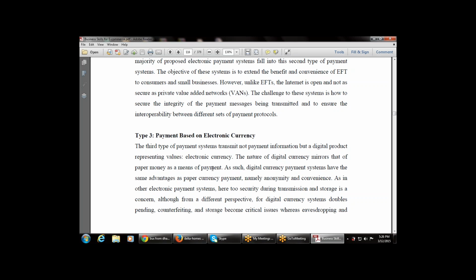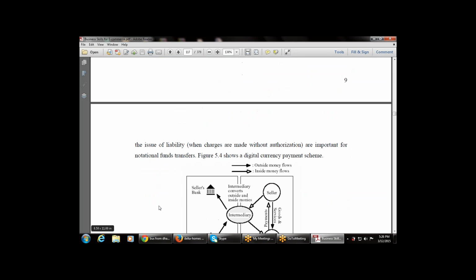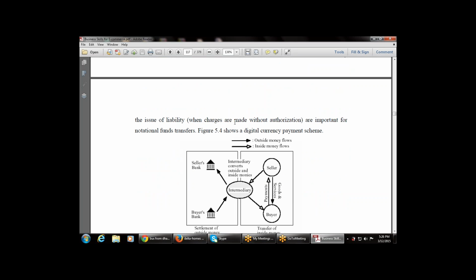Security during transmission is a major concern, although from a different perspective. Security is very much a concern whenever data is transmitted from the sender to the receiver. For digital currency systems, double spending, counterfeiting and storage become critical issues, whereas eavesdropping and liability when charges are made without any authorization are important for notional fund transfer.